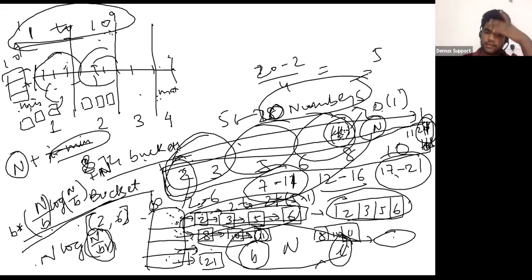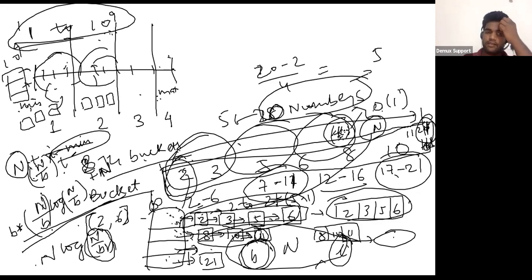Complexity, Swami, is, I'm assuming that if you have b buckets and n inputs, and the input is uniformly distributed, every bucket has n by b elements, right? That is fine.